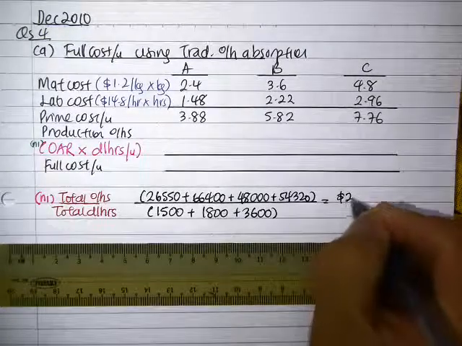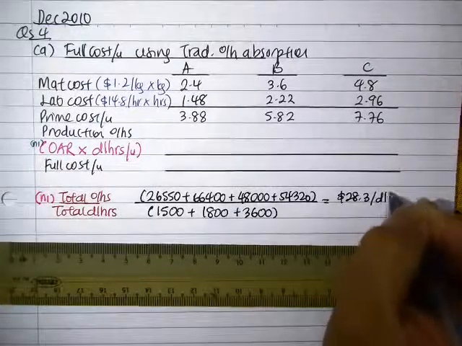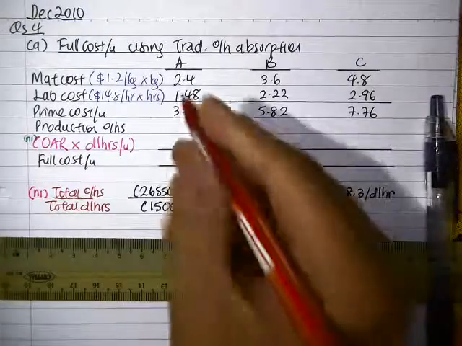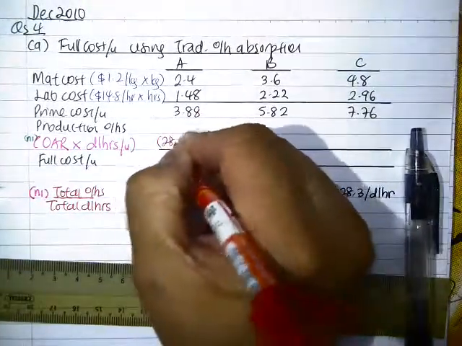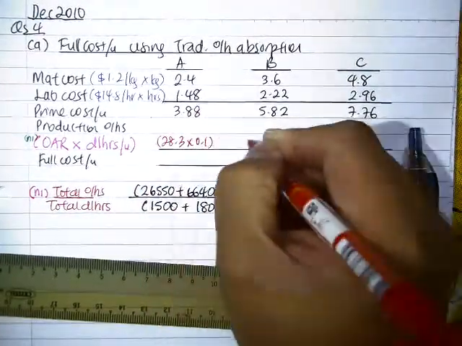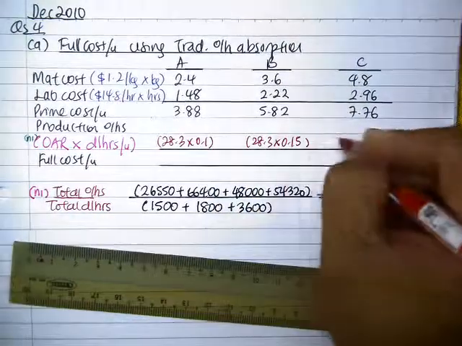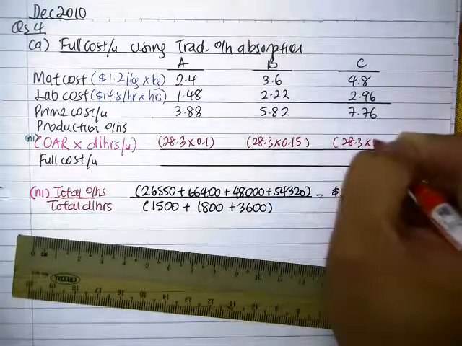We're going to get 28.3 per direct labor hour. So convert it back to per unit, 28.3 times 0.1, 28.3 times 0.15, 28.3 times 0.2.